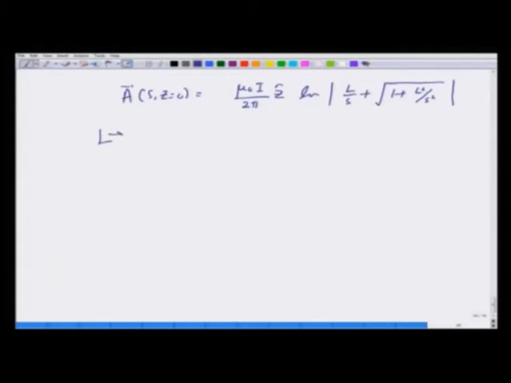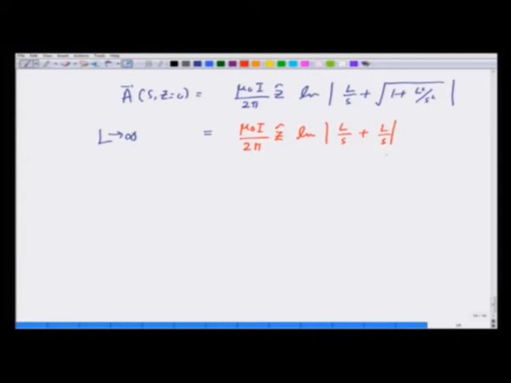For L going to infinity, this can be written as mu naught I over 2 pi z log of L over s plus L over s again, because I can ignore the 1.